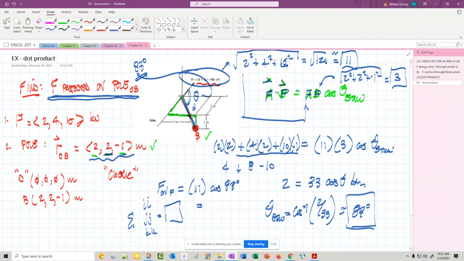So cosine of 87 times 11. There we go. It comes out to be 0.58 newtons. So if I bring that down here, let me bring out that green color again. If I project that down, it tells me basically how much of it is directed along the pole.